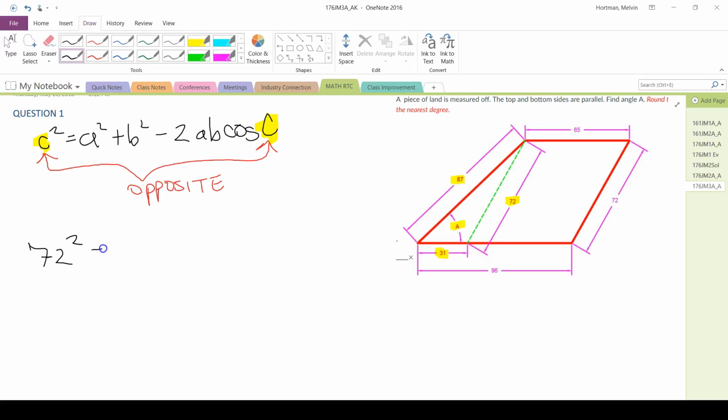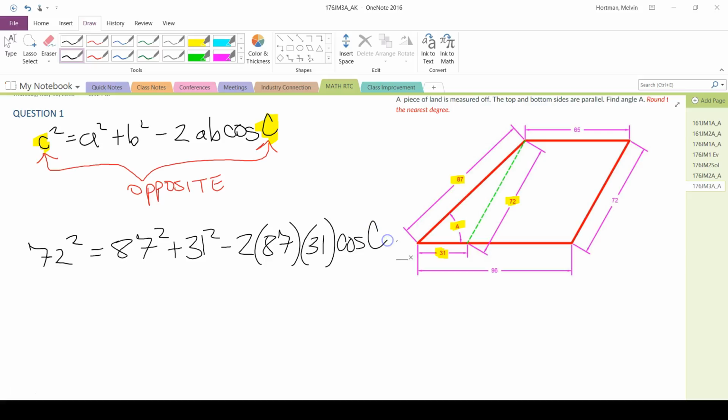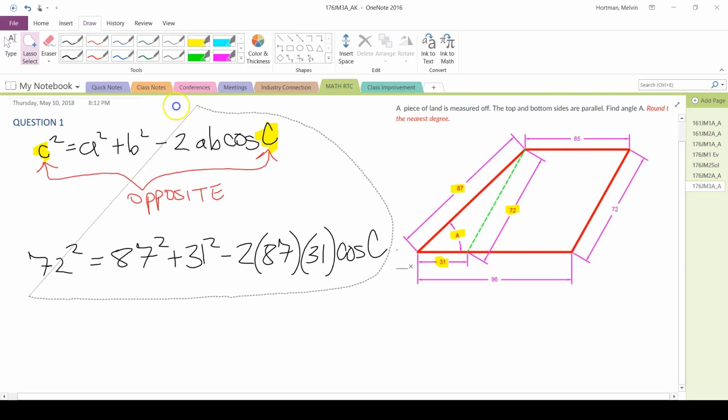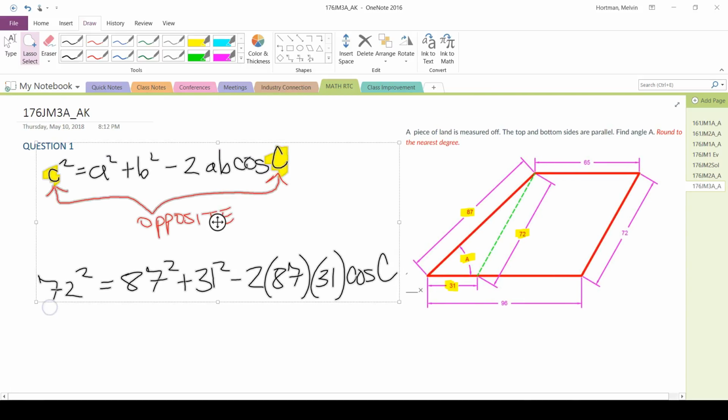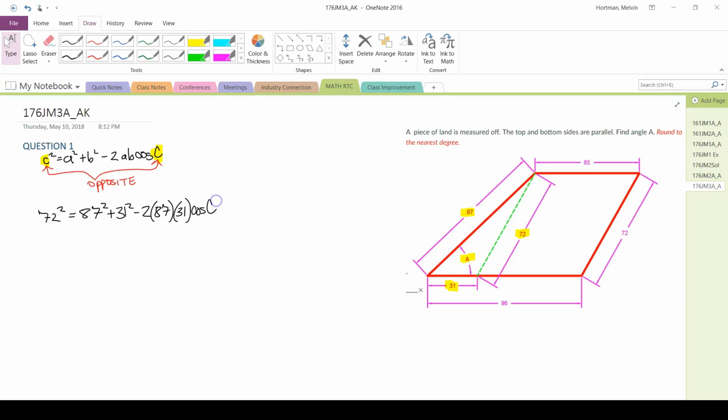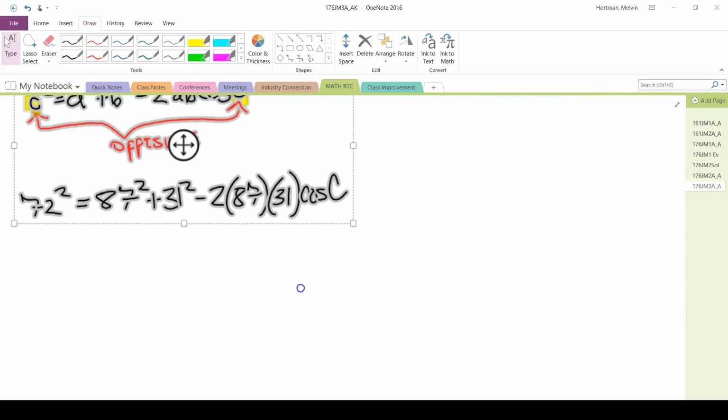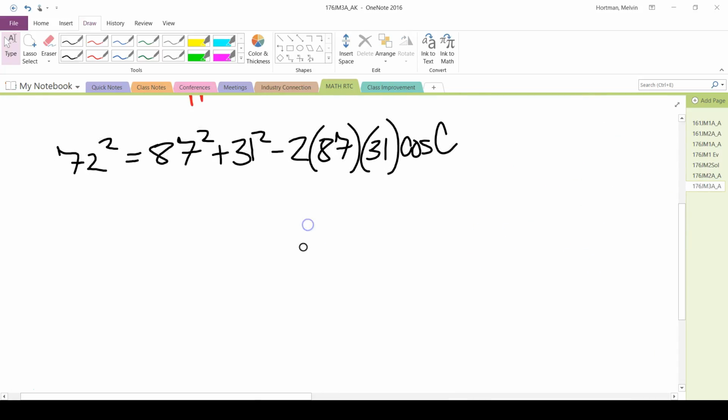So 72 squared equals 87 squared plus 31 squared minus 2 times 87 times 31 times the cosine of C. Let me make this a little bit smaller before we move on, and then I'll zoom in a little bit. Okay.